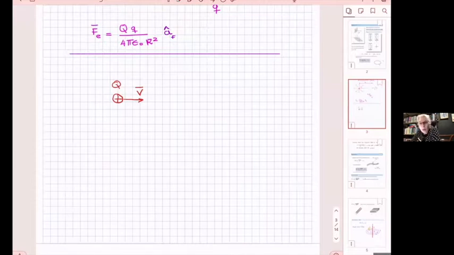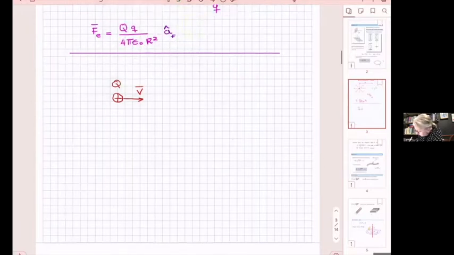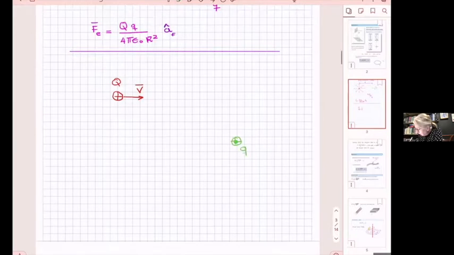Then what if I bring a small charge here, like this green one, q. What would this charge q feel? What do you think? Can I hear?